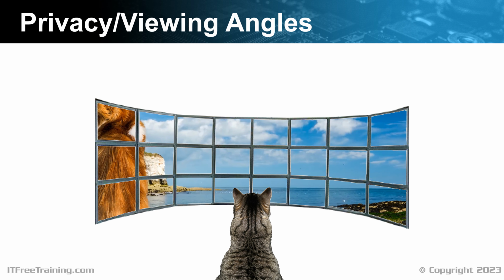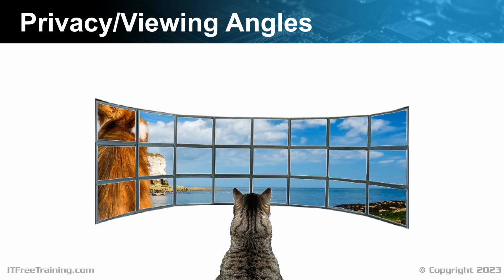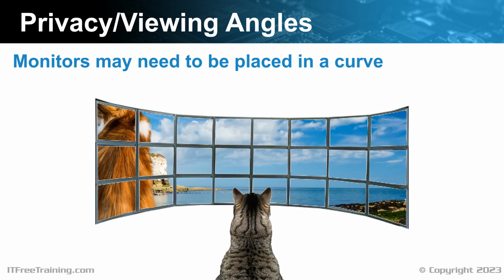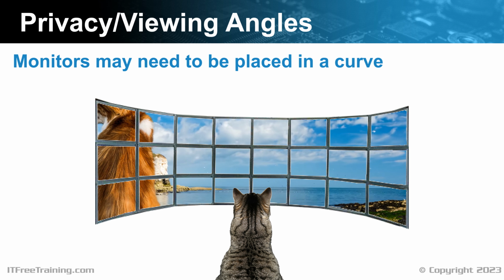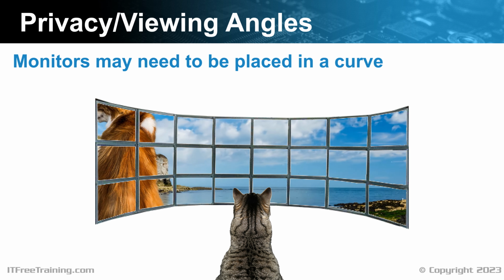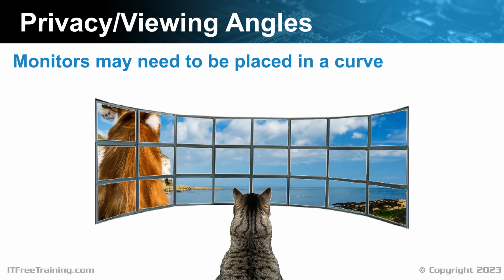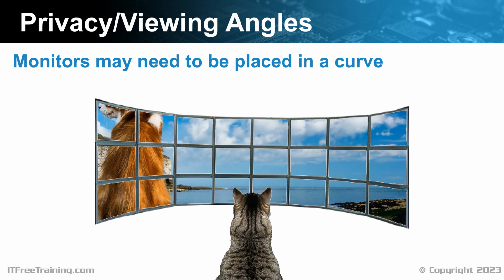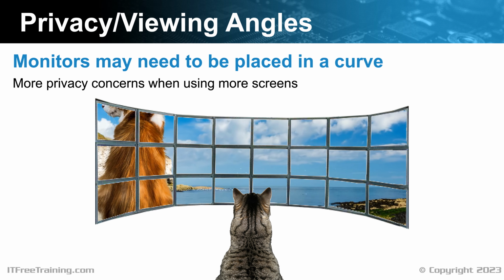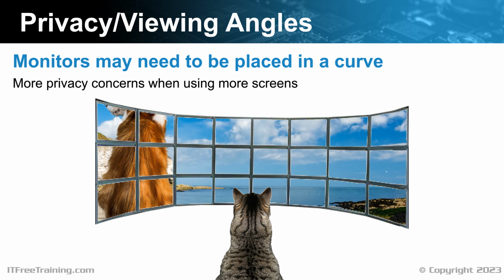If you consider that the user is in the middle, remember that LCD monitors have a viewing angle. To get their best result, consider placing the monitors on a curve. If you place them in a straight line, the outer monitors will appear darker than the inner monitors when viewed from the center.